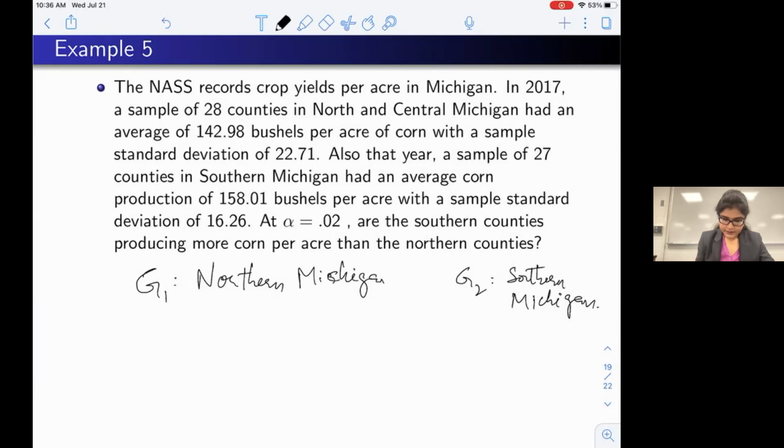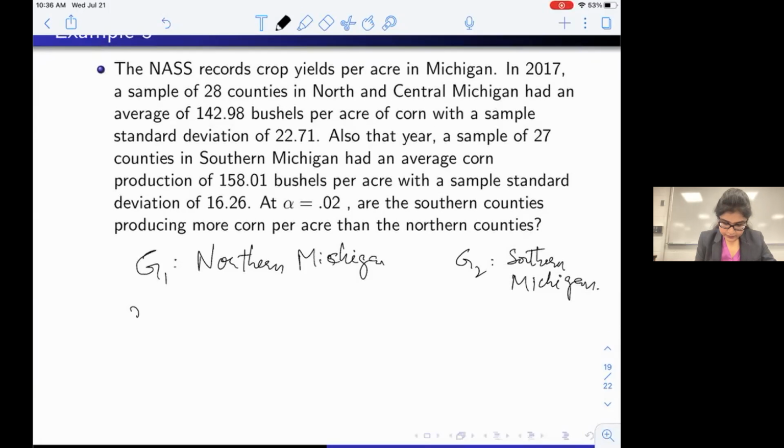In group 1, they tested 28 counties, and on average they found X1 bar of 142.98 bushels per acre, with a sample standard deviation for group 1 of 22.71.